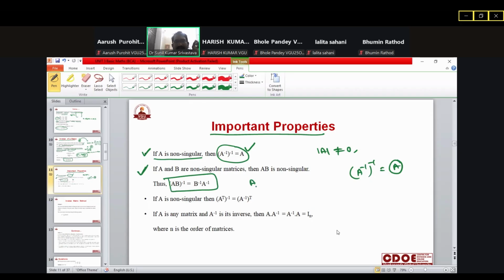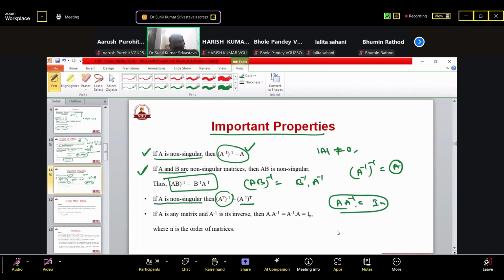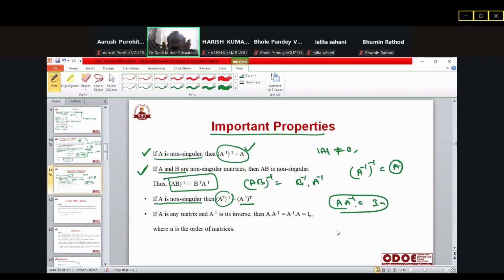Second one is the inverse rule, कहते हैं, that is the reversal property. A and B are two non-singular matrices, तो इन दोनों के प्रोडक्ट का जो इनवर्स होगा वो इनके इनवर्स के रिवर्स ऑर्डर में होगा। B inverse into A inverse, that is reverse order इसको कहते हैं। If A is a non-singular matrix, then transpose inverse जो होगा A inverse transpose के इक्वल हो जाएगा। एंड सेम सीक्वेंस में मैट्रिक्स और उसके इनवर्स को मल्टीप्लाई करते हैं तो हमेशा एक आइडेंटिटी मैट्रिक्स उसी ऑर्डर की हमें मिलती है। That is the next property of the inverse. So if A is any matrix with inverse, then A into A inverse is equal to identity.